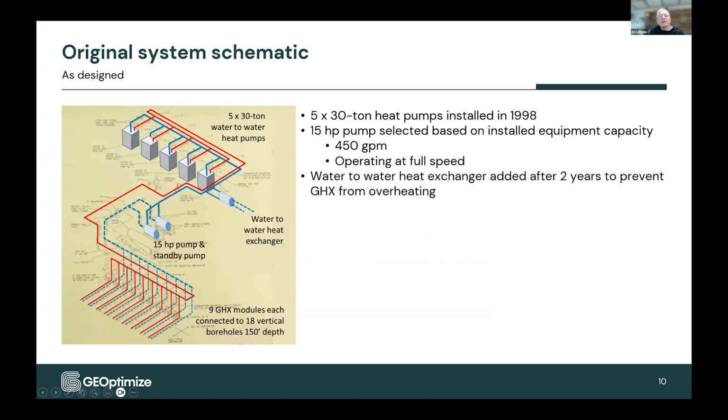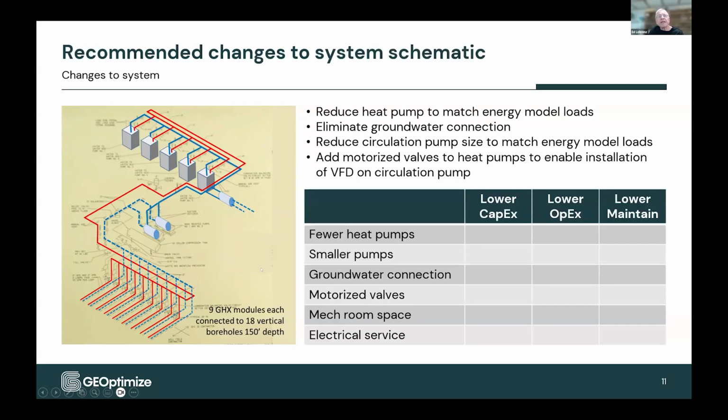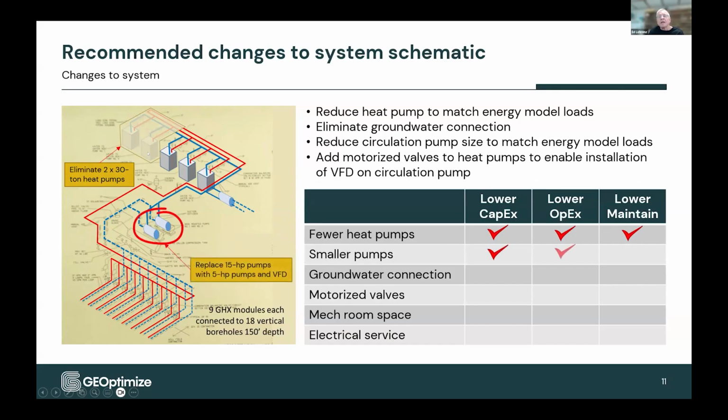So the changes: here's the way the system was built originally. They've got a 15 horsepower pump and a water to ground heat exchanger, 5 heat pumps. And by making a few changes to it, getting rid of or not using the 2 extra heat pumps, that meant lower operating costs, lower capital costs, lower maintenance costs.